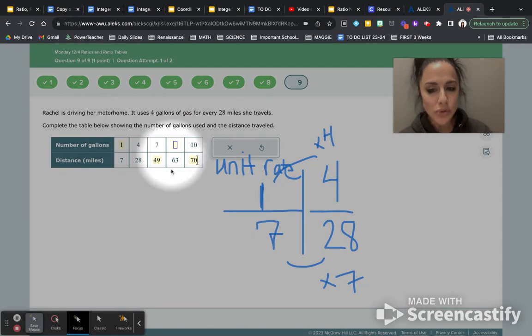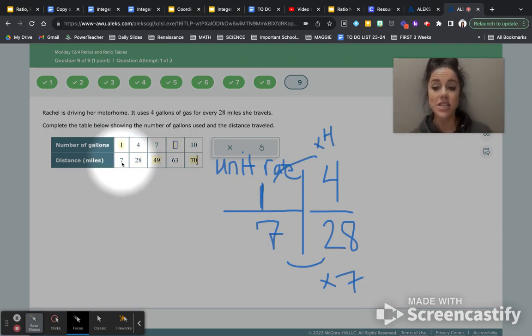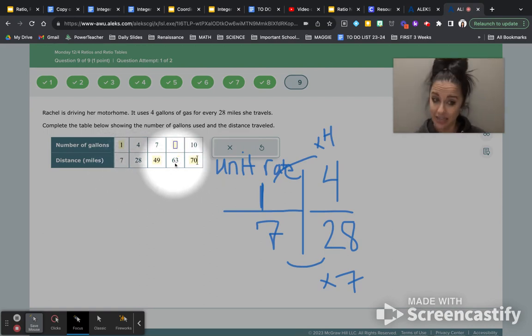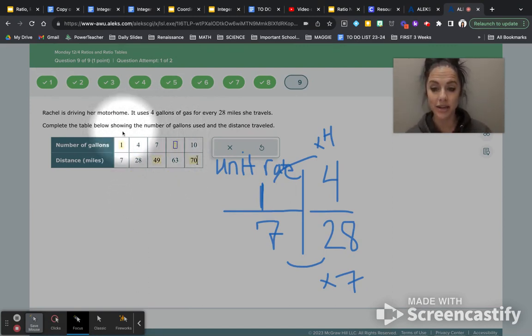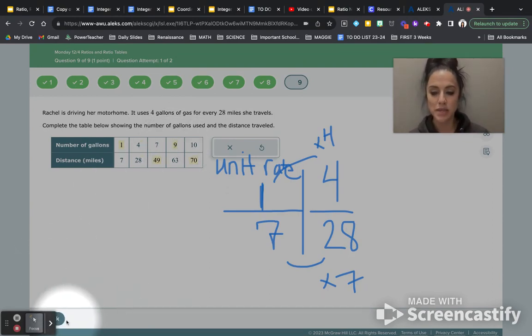Correct? Well, using this unit rate all over again, I'm asking myself what 7 times what will get me 63. Okay, so 7 times 9 will get me 63. So I need to do the same thing to the top. 1 times 9, and that gets me 9. Ta-da! I hope this helped.